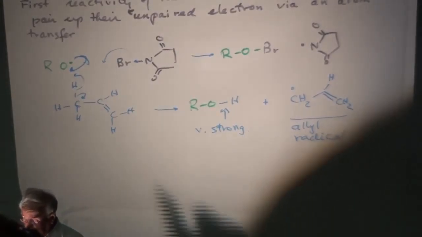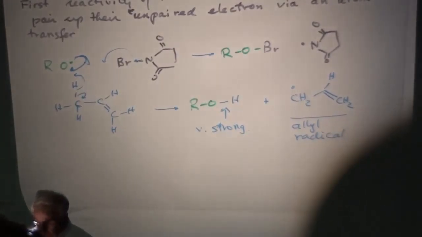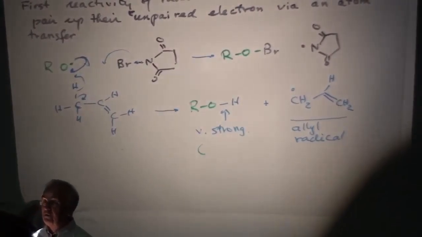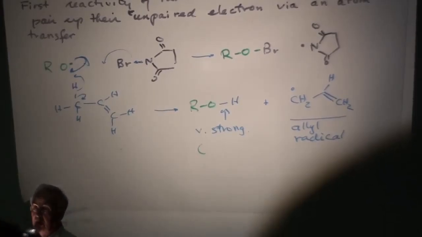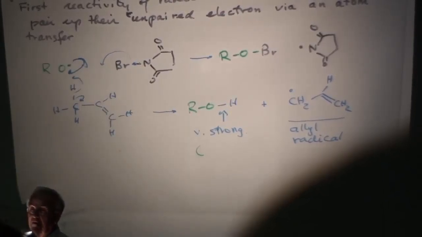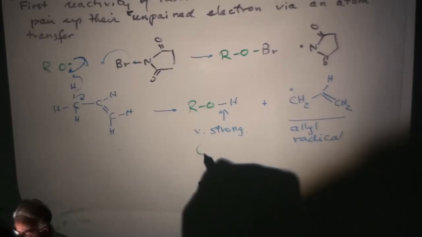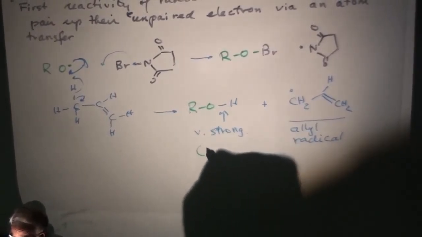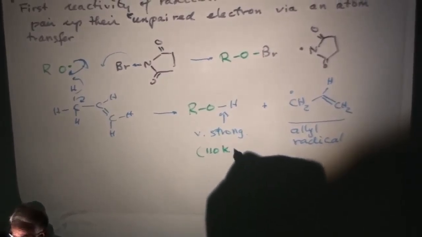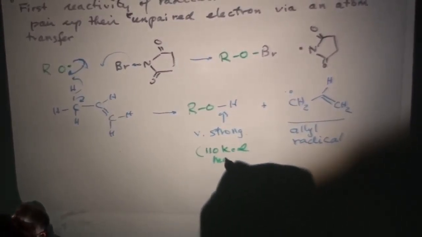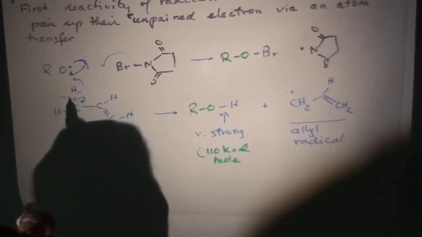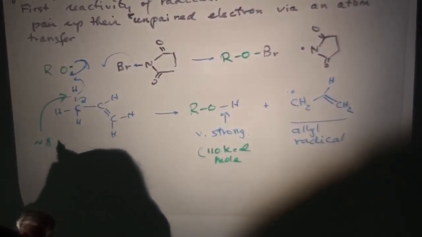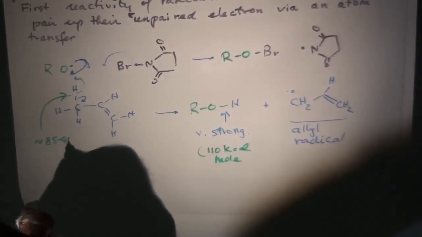And if you look at tables, you'll find that this bond, and I know the numbers better in kilocalories, so you have to excuse me for that. I just multiply by 4.2 to get kilojoules. This OH bond is about 110 kilocalories per mole, and that bond here is only about 85 to 90.